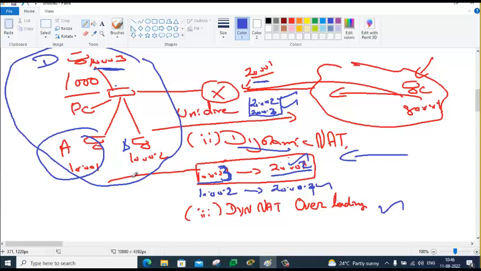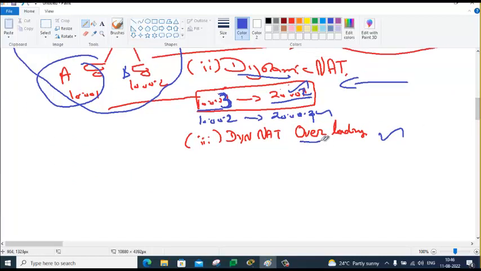Now, what is dynamic NAT overloading? See, overloading means what? Loading up more and more and more. Meaning, only one address is enough for all 1,000. 20001 is enough.